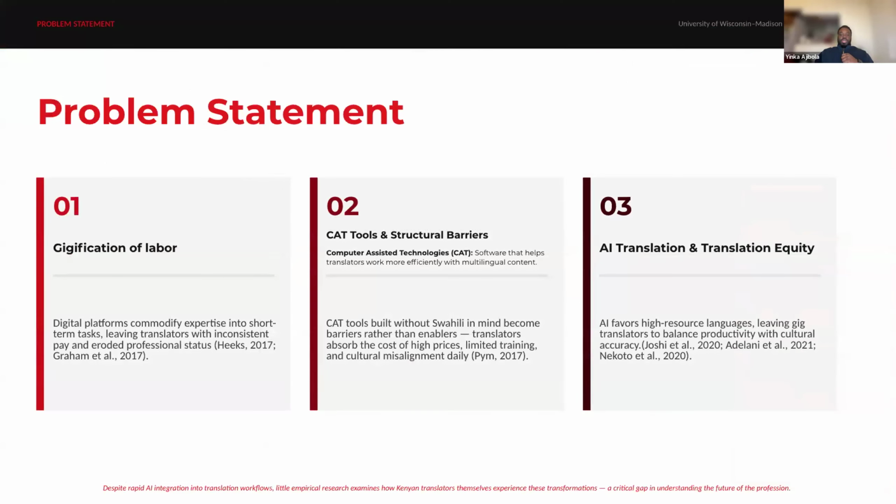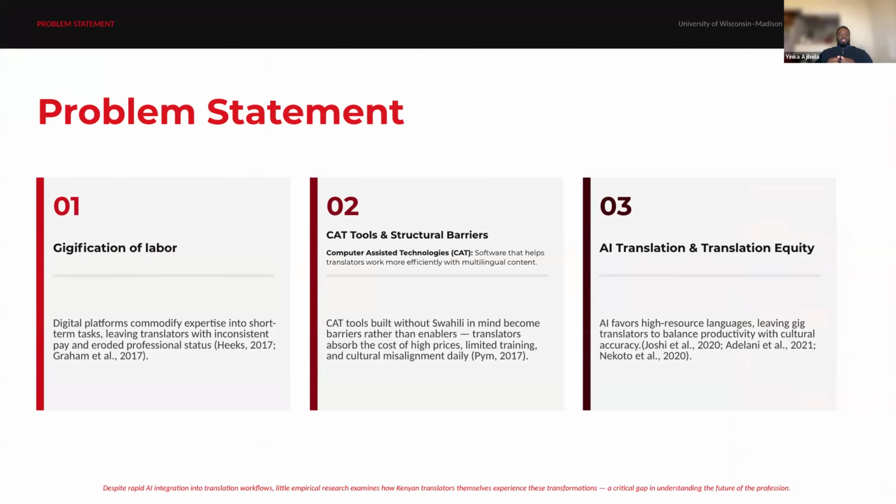And so moving forward, here's actually what's happening in Kenya. Like I said, the Kenyan translators are not being replaced. They are essentially being pushed into gig work with less stability, with less protections.